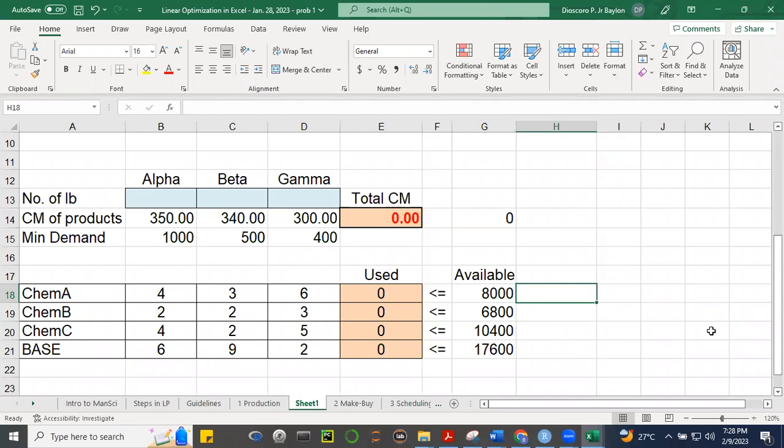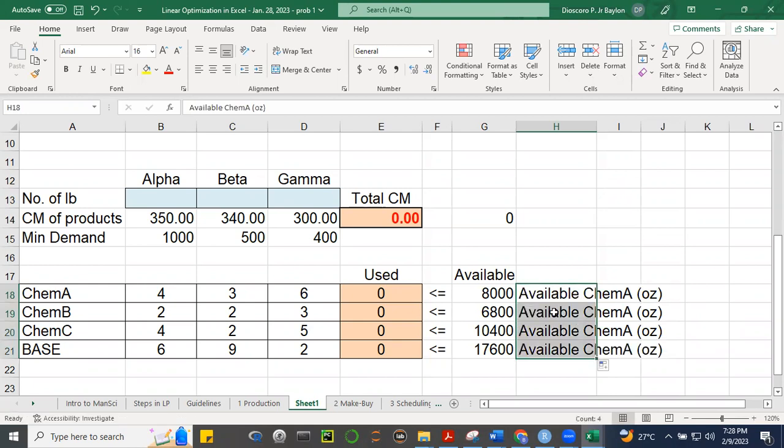It's possible that you're going to share this with others, so that they also understand the model that you're doing. So let's put here available chemical A, and this is in ounces, right? And then maybe let's just copy that.